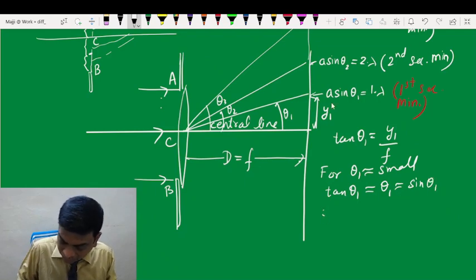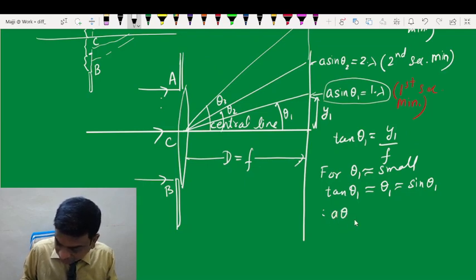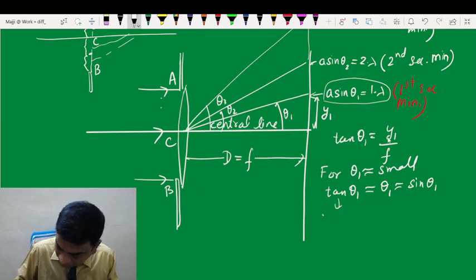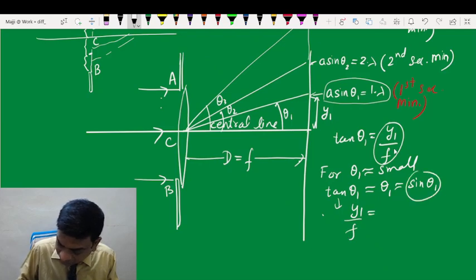So in that case, this condition can be written like this. From here, in the place of tan theta 1, I'll write y1 by f. In the place of sine theta 1, I'll write lambda by a.